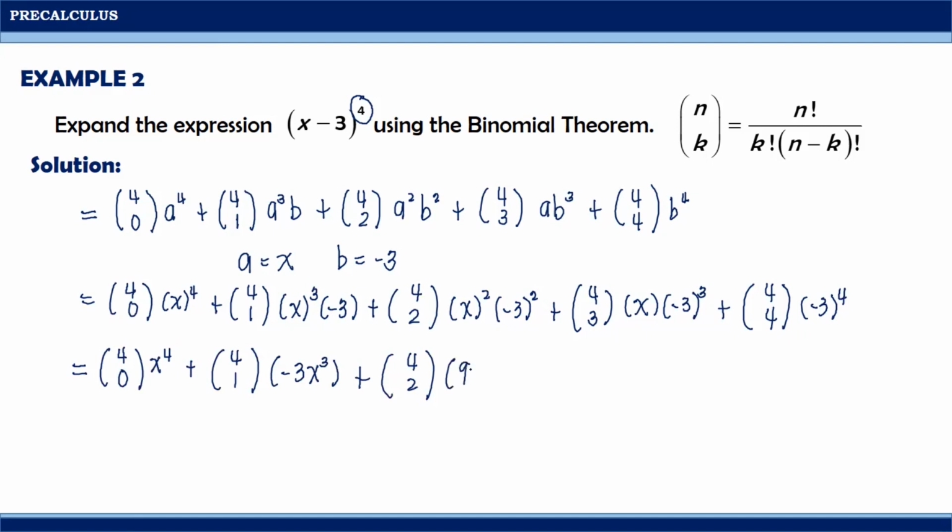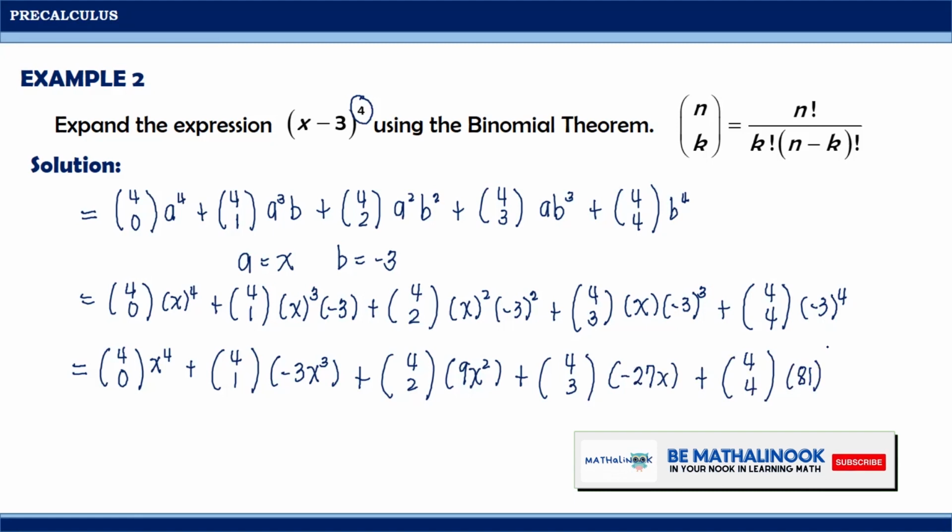Then we will have 9x squared plus 4 taken 3 times x times negative 3 cubed is negative 27x plus 4 taken 4 times negative 3 raised to 4 is equal to 81.